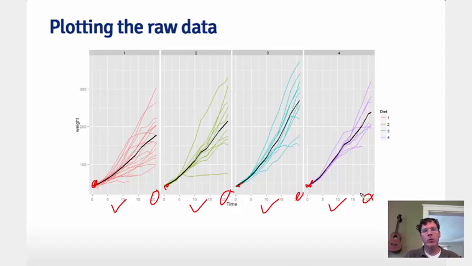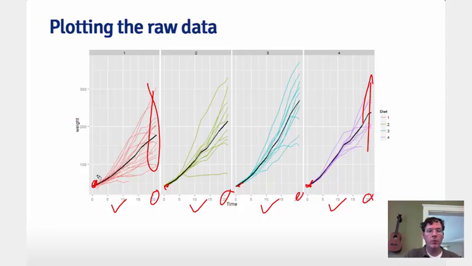You'll notice there are some things that are potentially suspect, though they're a little hard to ascertain because of the varying sample sizes. For example, there appears to be a lot more variation in the first diet than in the fourth diet, though again there's a greater number of chicks in the first diet than in the fourth diet, so it's a little hard to actually compare the variability.